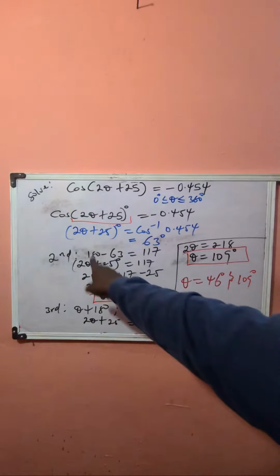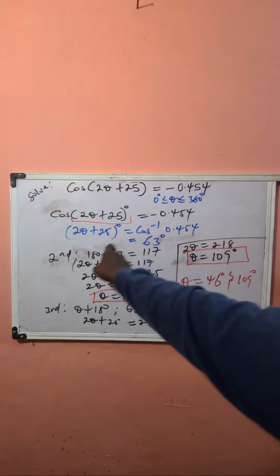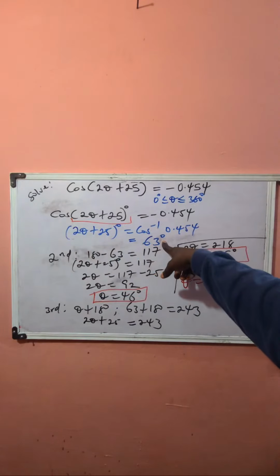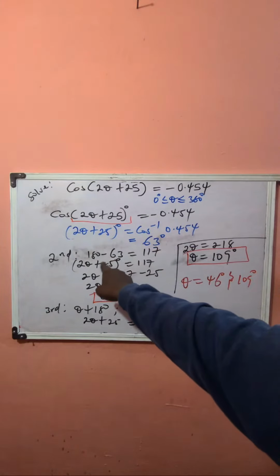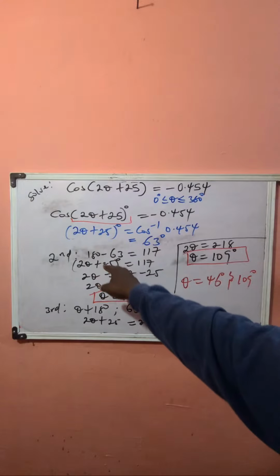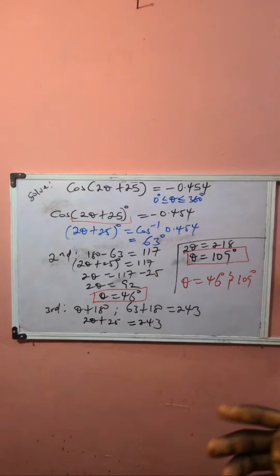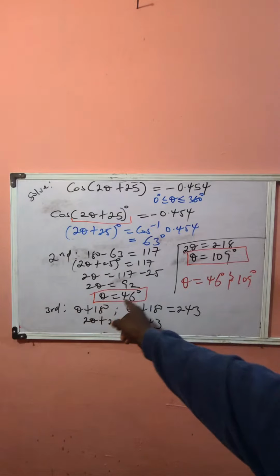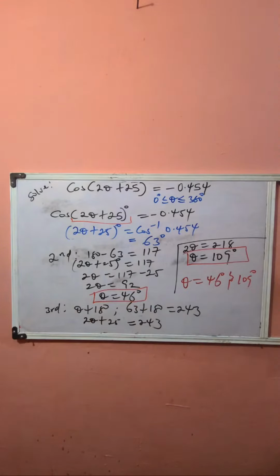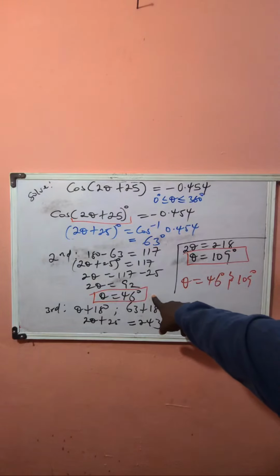After getting, don't forget, this whole thing now was what we got as 117, because it was this whole thing that represented the 63. So we used it with 63 degrees, and then we were able to get 117. Then we had to know that this whole thing now will be the 117, because it's what represents our angle. So after we got that, we went on to resolve for theta, and we got our theta to be 46 degrees. This is one of our final answers, but not the final one.